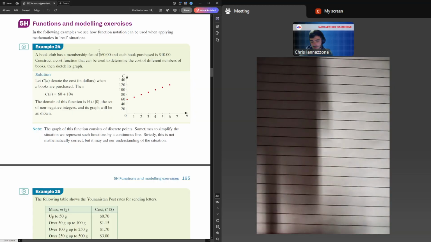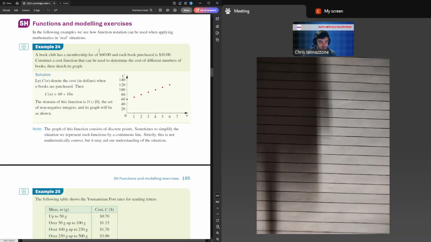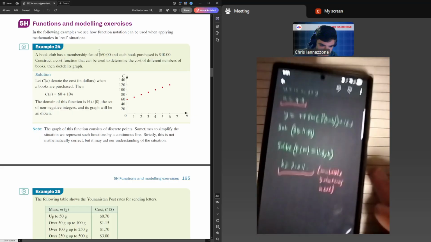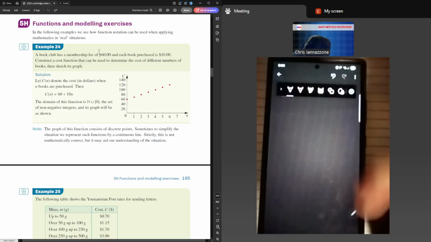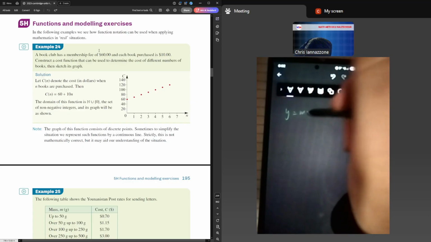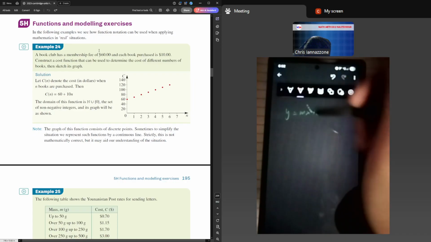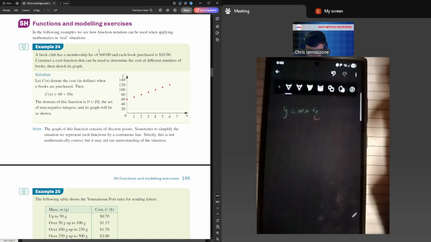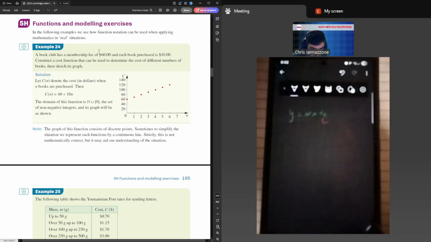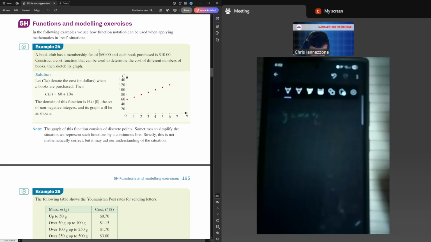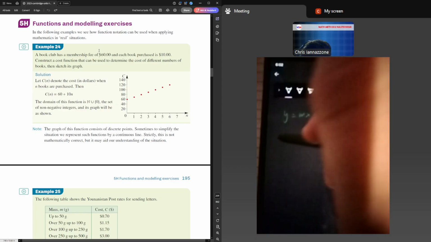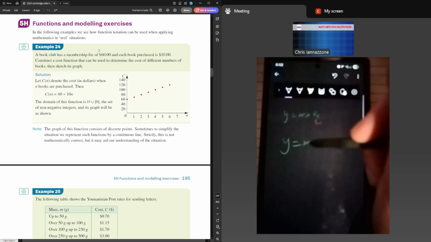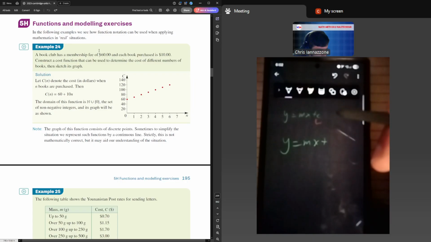Think about having your y equals mx plus c for any linear, which I'll pull up in a sec. There we go. Then your plus c value is going to be whatever that fixed amount is. In this case, we have a fixed amount of $60, which is why we're now going to have y equals mx plus 60.